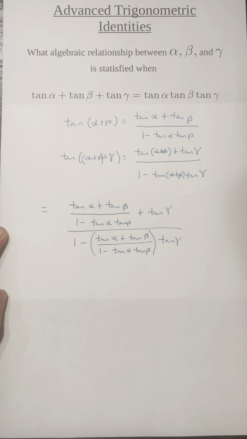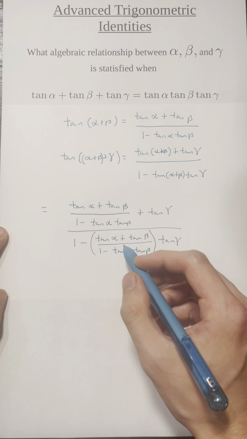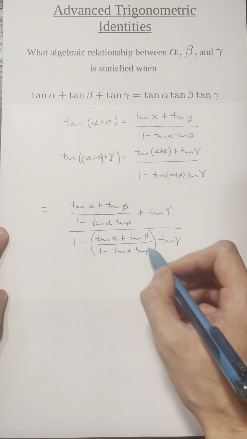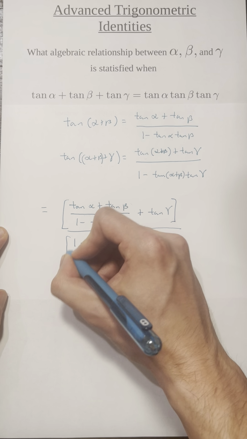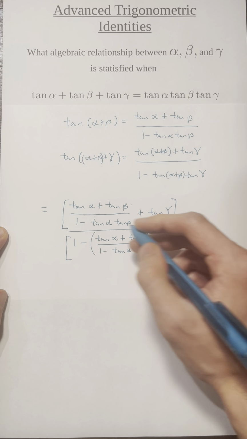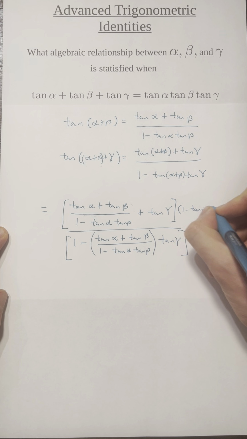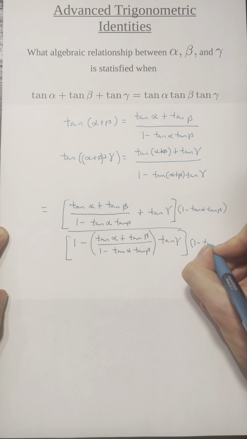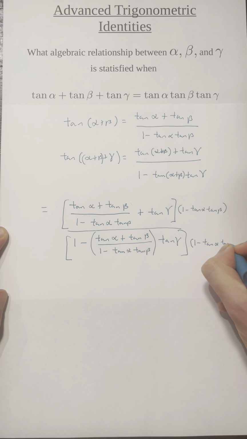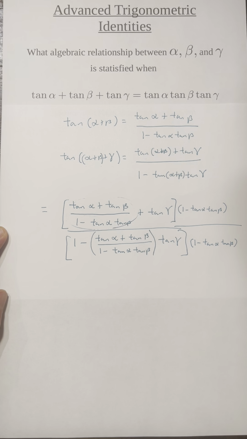So how do we do that? Well, you'll notice that there's a fraction in the numerator and the denominator, but they have the same denominator. So if we multiply the top and the bottom by that denominator, then we can get rid of the fractions that are in the numerator and the denominator.